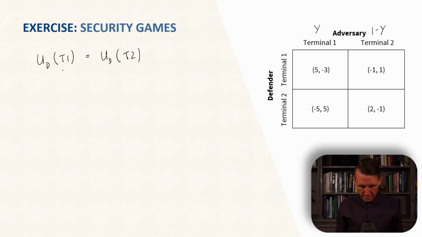This expression will be y times 5 plus minus 1 times 1 minus y. And this expression will be minus 5 times y, plus 2 times 1 minus y.